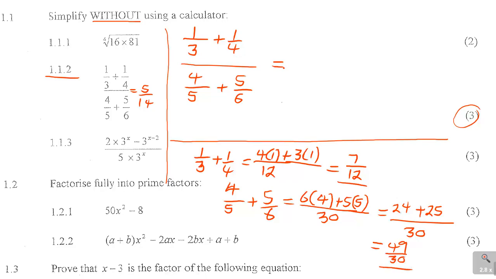So this is what we are having. I'm not adding those two, I'm writing them as they are. 1 over 3 plus 1 over 4 is 7 over 12. Now look at this, instead of this division line as 49 over 30, I'm going to say now 7 over 12 divided by 49 over 30.